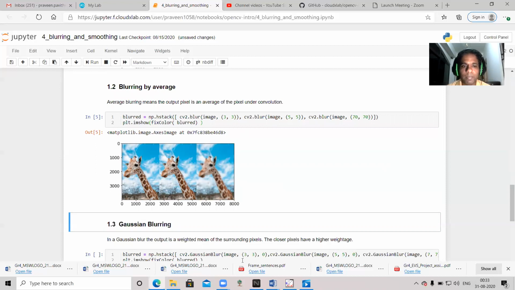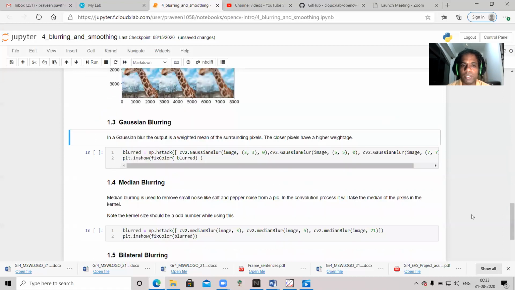The next type of blurring we will talk about is Gaussian blurring. In Gaussian blurring, the output is a weighted mean of the surrounding pixels. Before, we just took the surrounding of the kernel and took the mean. Here, we use a weighted mean where the pixels that are closer have a higher weightage.